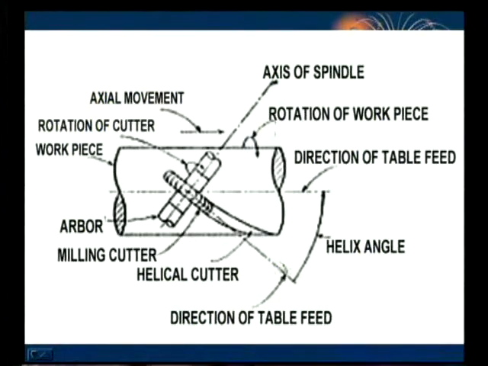But the table, initially like this, is rotated through an angle equal to the helix angle. This is the helix angle. Now it is made like this, so this is the direction of table feed now. The table is rotated through an angle equal to the helix angle, and the table feed screw, the lead screw, and the dividing head worm shaft, these two are connected.